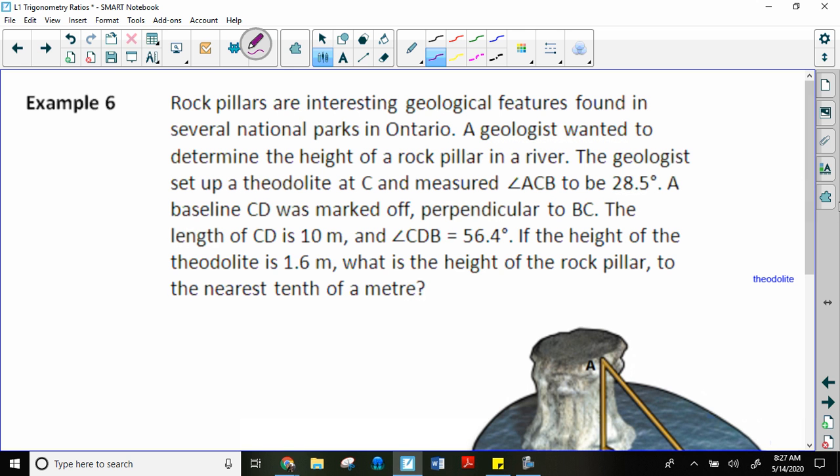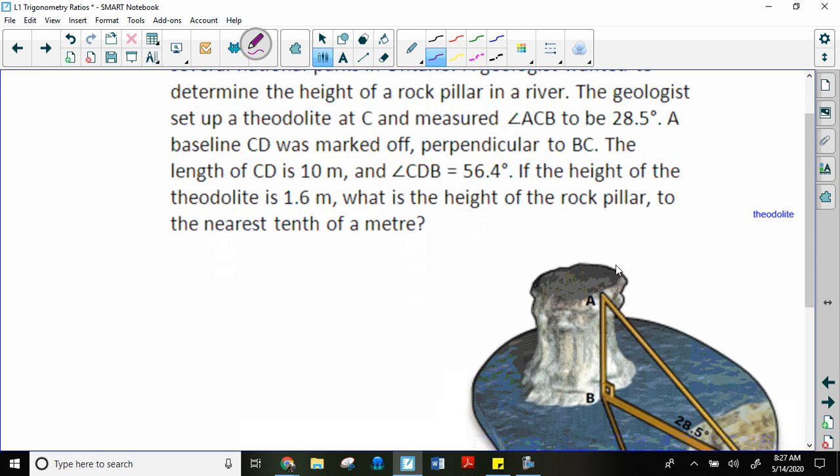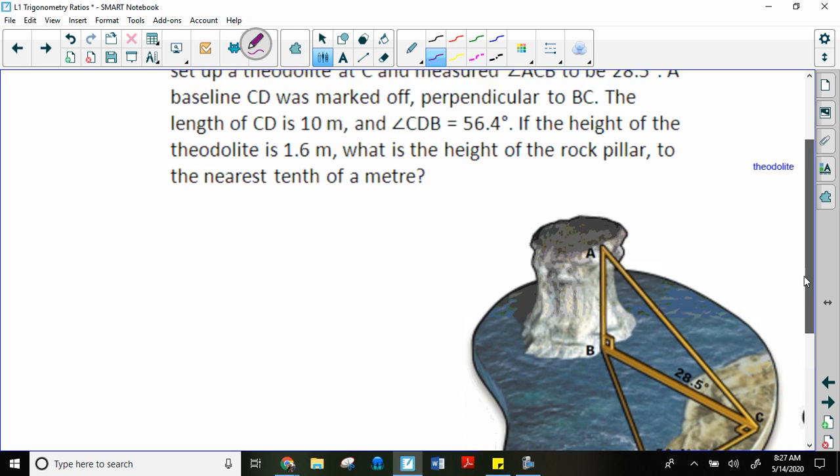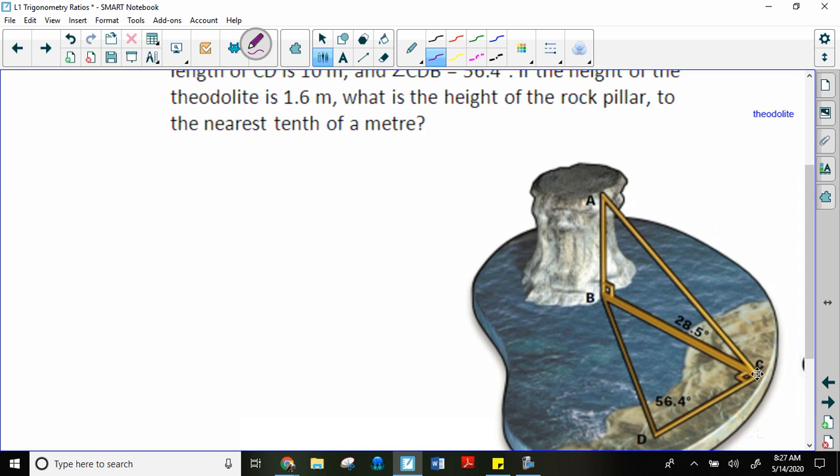So here we go. There is a rock pillar, and a geologist wants to know how tall this rock pillar is. But the problem is that the rock pillar is located at an unknown distance from a point on shore, and measuring this length is really difficult because you've got a differential as far as your substrate is concerned.